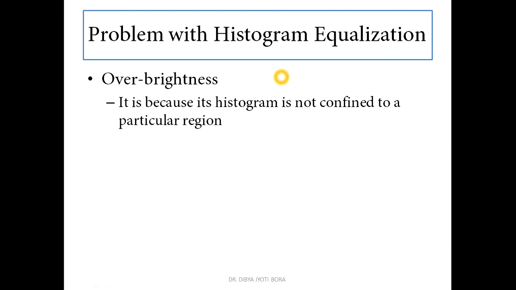We are not confined to a particular region in that image while we are finding out the histogram equalization. Clear? So that's why the problem of over brightness might occur while you are performing histogram equalization. Some darker regions or some much brighter regions might appear. These are the problems that you will face with histogram equalization.